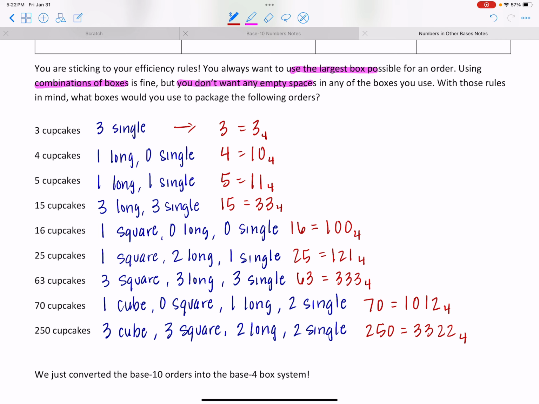So you've got some problems in your assignment for you to practice, and I know it's a little strange, but if we really want to be able to teach our new learners how to operate in the base 10 system, we have to have a solid understanding of how it works. And if you have a solid understanding of how the base 10 system works, then you should be able to apply that understanding to other bases.